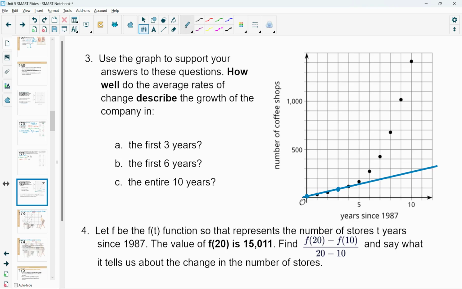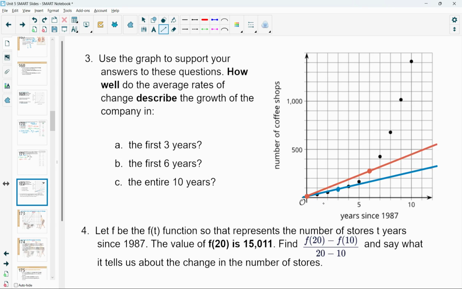And then the first 6 years, so this one, we looked at the first 6 years, so year 0, the starting point, and then 1, 2, 3, 4, 5, 6. So then again, I would connect this and just kind of look at what that line does, since average rate of change is really like a linear look.